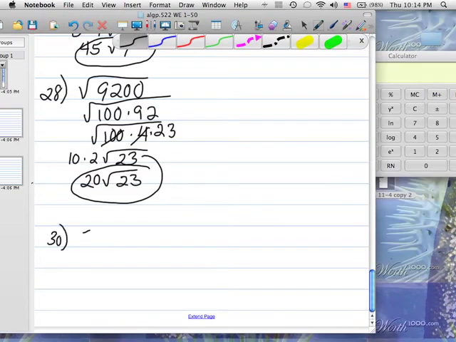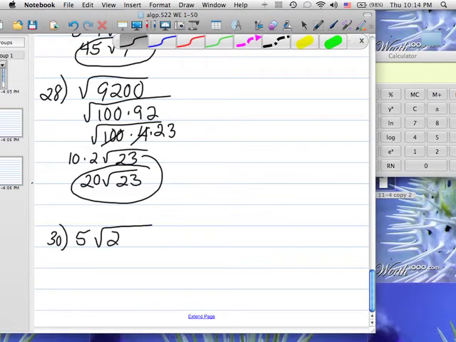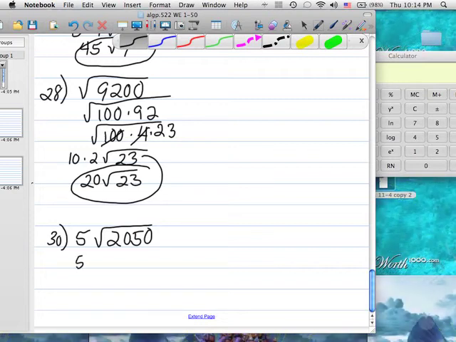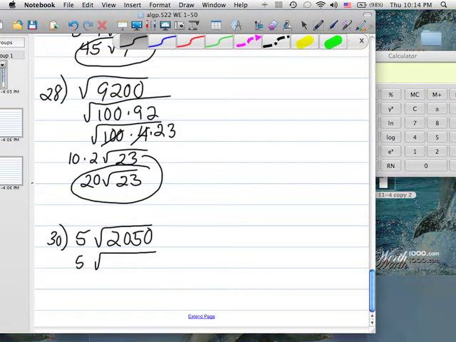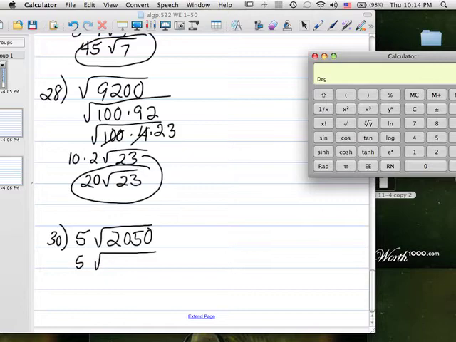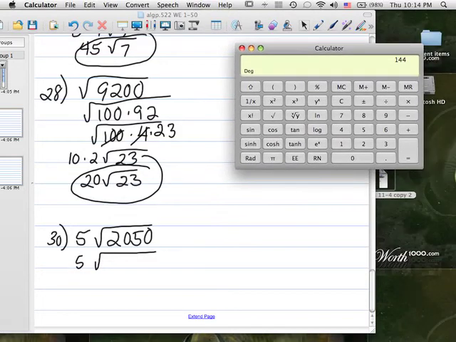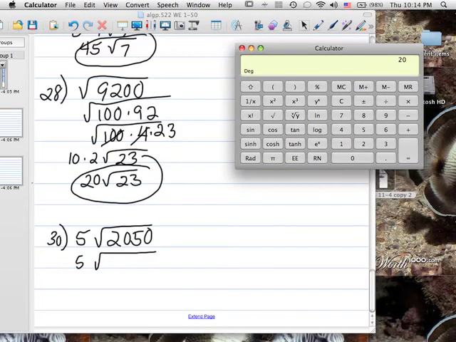And the last one of this type of problem, 5 times the square root of 2,050. Well, let's see. It's got 5s in it and 10s, so let's try perfect square 25.